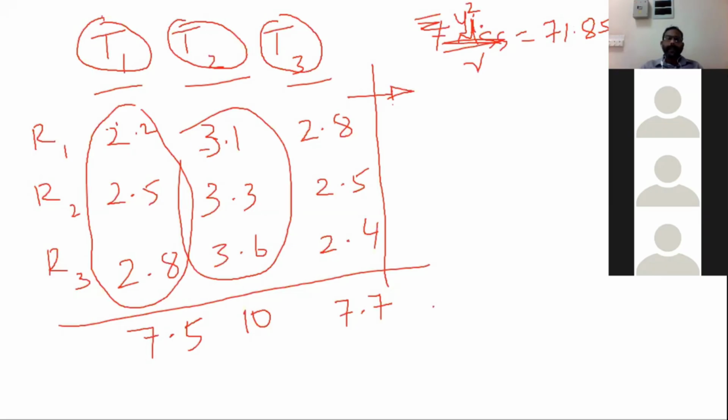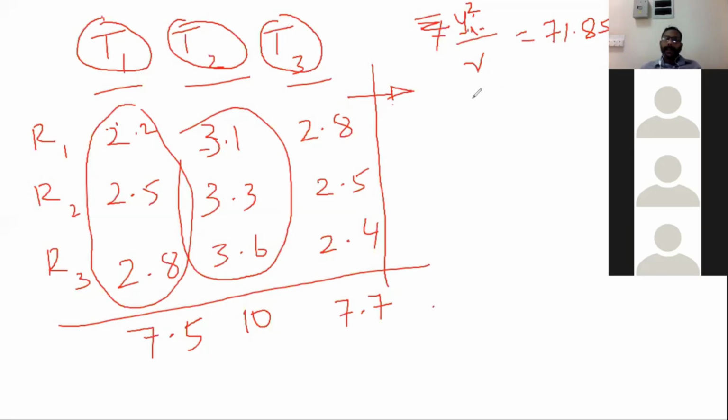That is not exactly treatment sum square, right? This is summation y i dot square divided by r.